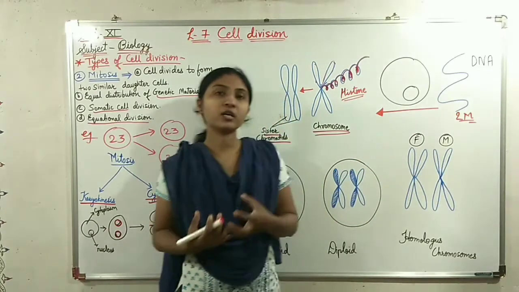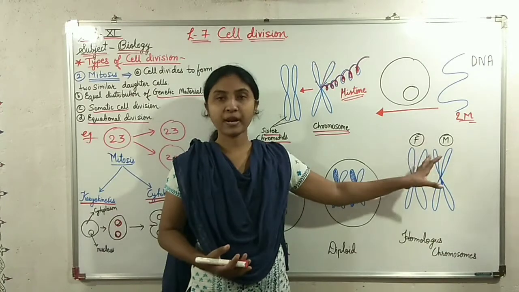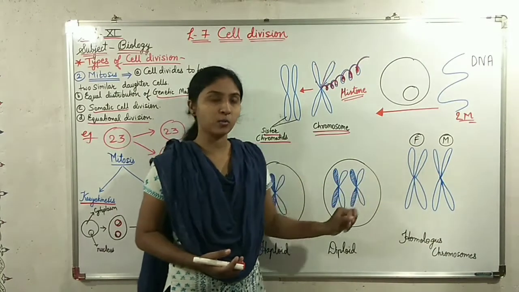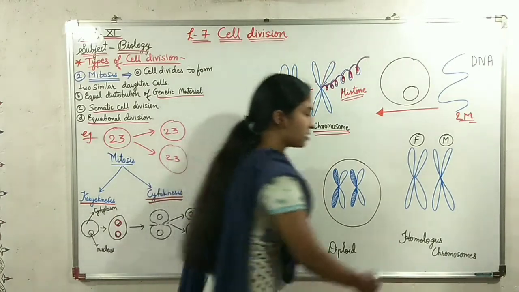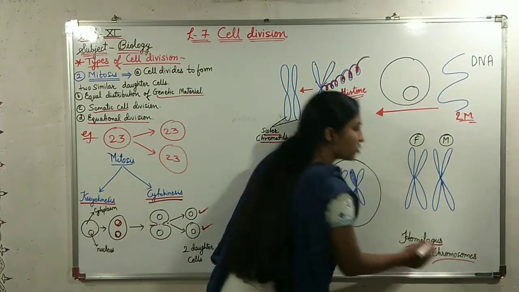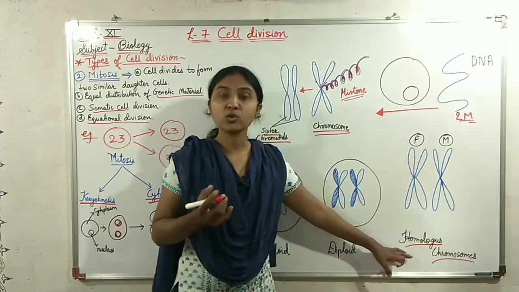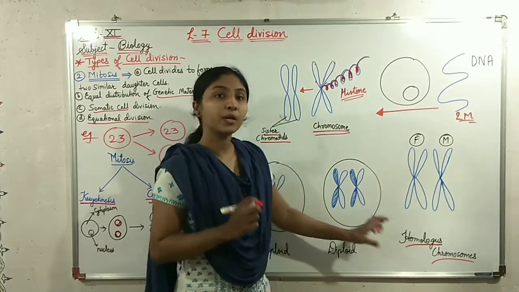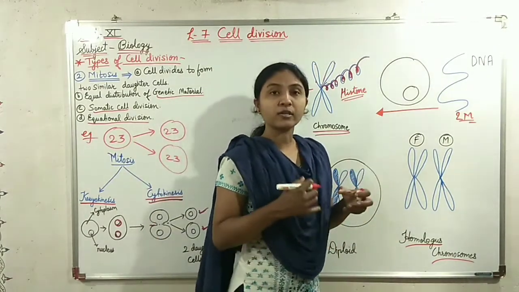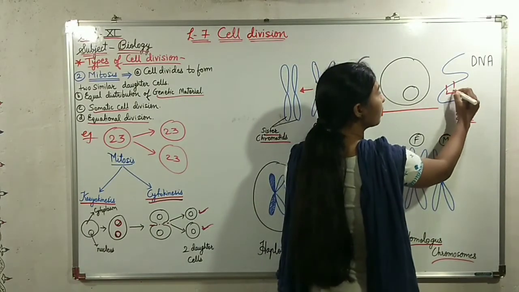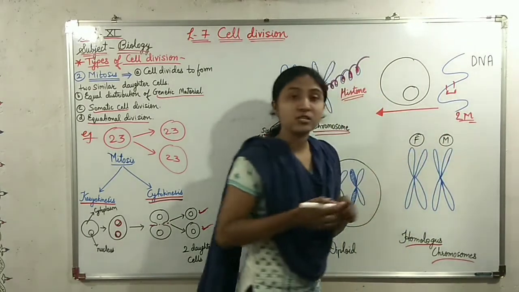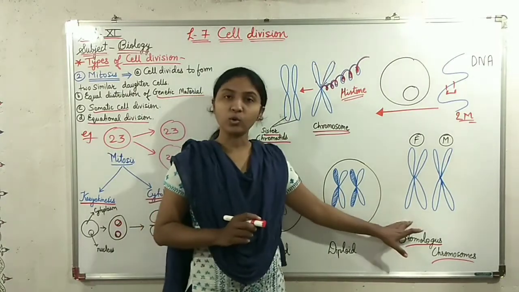So this pair of chromosomes is called homologous chromosomes. Why are these called homologous chromosomes? Because they arise from the same part of the DNA.